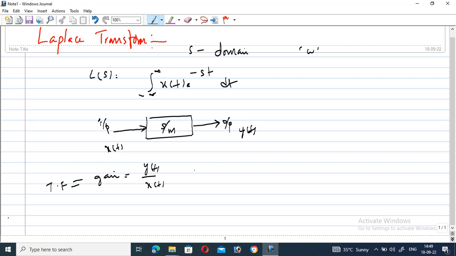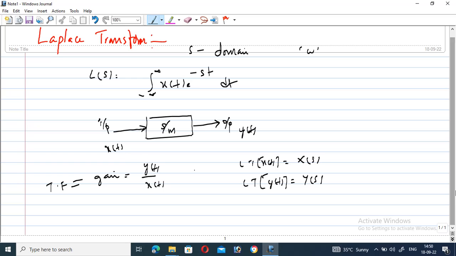Suppose you want to find this; first of all we have to apply the Laplace transform. The Laplace transform of x of t gives rise to x of s. The Laplace transform of the output y of t gives rise to y of s. Now the transfer function is defined as the ratio of output response y of s to the input excitation x of s.